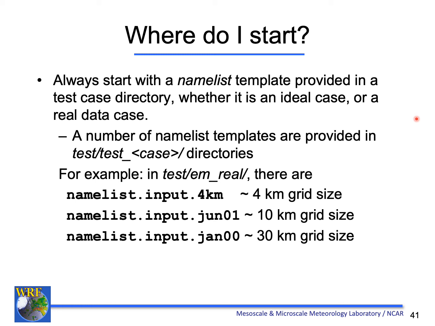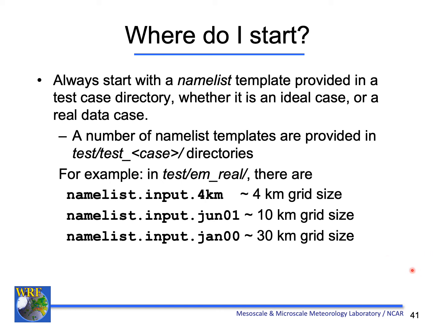Where should we start when we first begin to use the model? To help us out a bit, the model has many namelist templates available in the test directories. For example, in the test em_real directory, we have a namelist template for a model of 4 kilometer grid size, something for 10 kilometer grid size or 30 kilometer grid size.